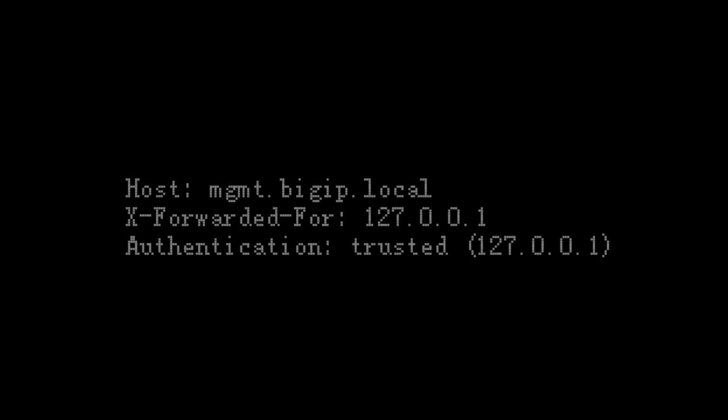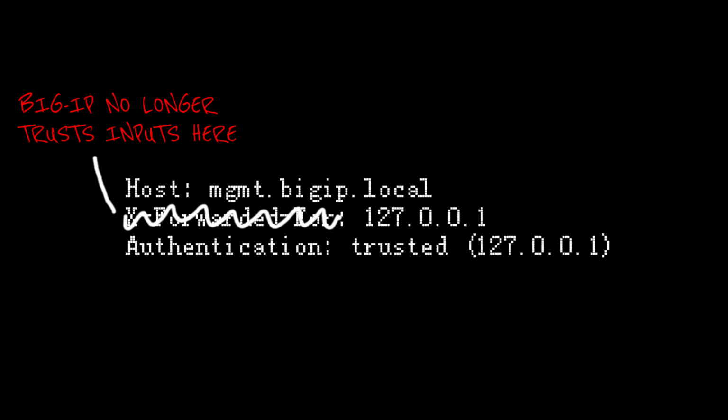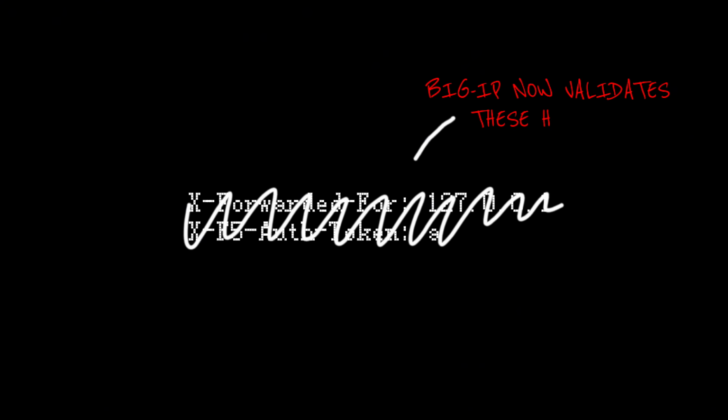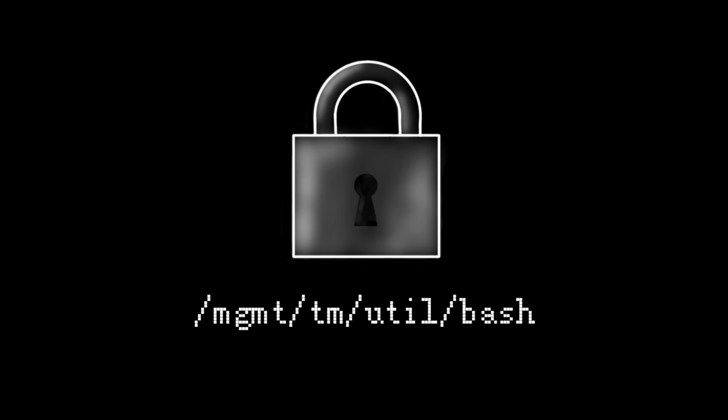They removed the localhost trust logic, which had let fake internal requests skip authentication. Then, they started properly validating the HTTP headers attackers were abusing, so forged requests got rejected. And finally, they locked down the vulnerable management endpoint that hackers were using to run commands. Over the next week, F5 rolled out patches for every supported version.